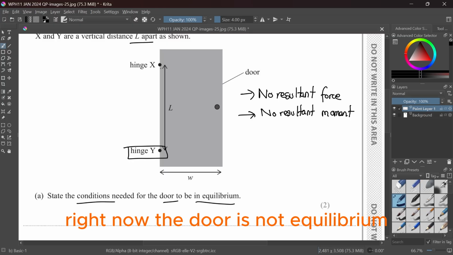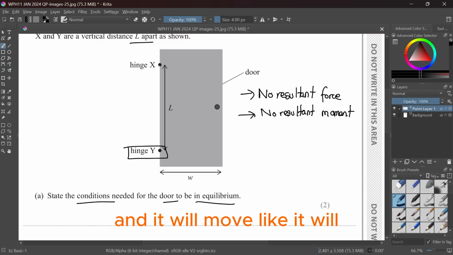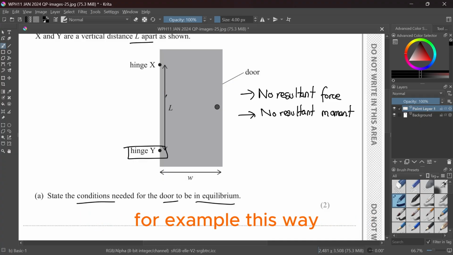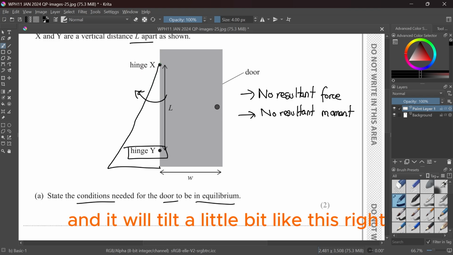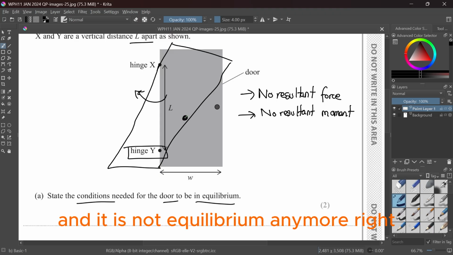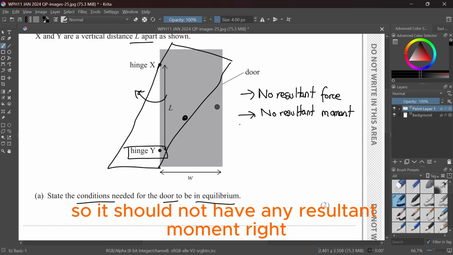Now the door is not in equilibrium and it will move. If you've seen, it will move, for example, this way, which is clockwise, and it will tilt a little bit like this, right? It will become something like this, and it is not in equilibrium anymore, right? So it should not have any resultant moment, right?